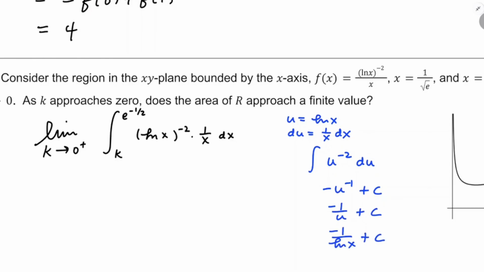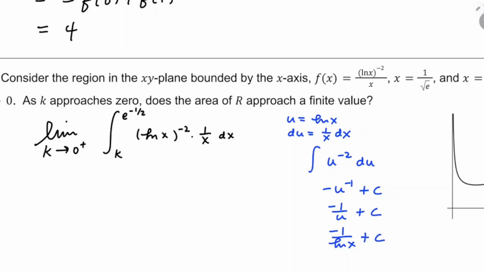So there, I've got it. Still bad news, right? Oh wait, negative 1 over log x. That does exist. How do I even show that, though?